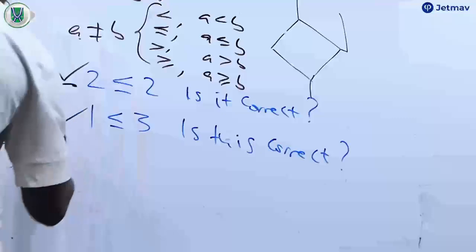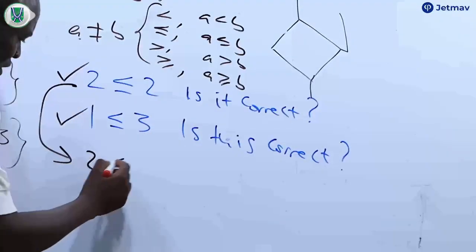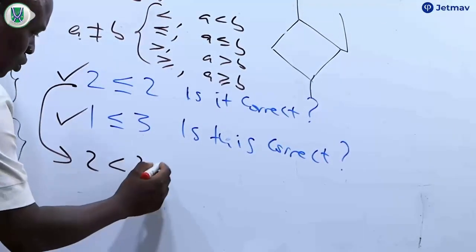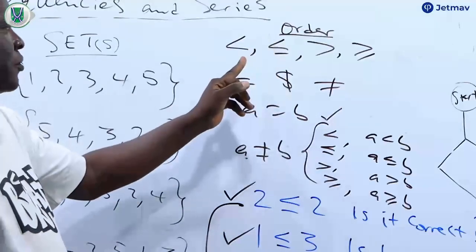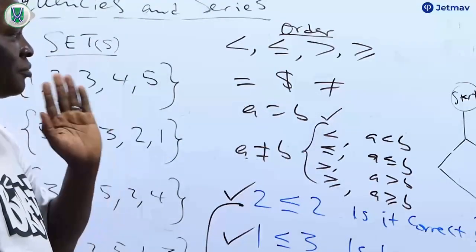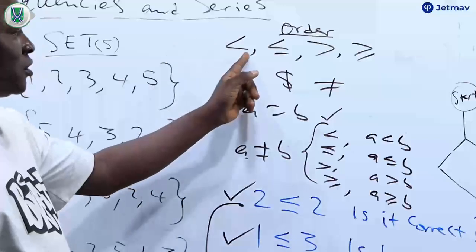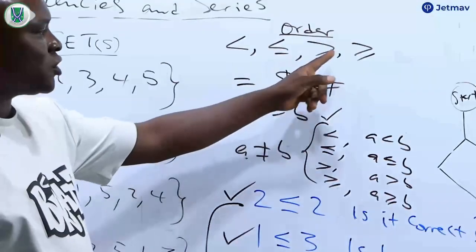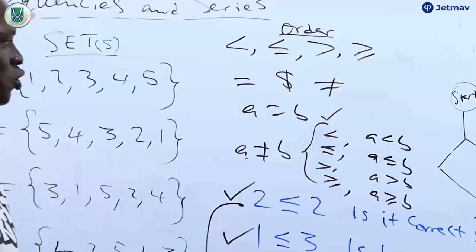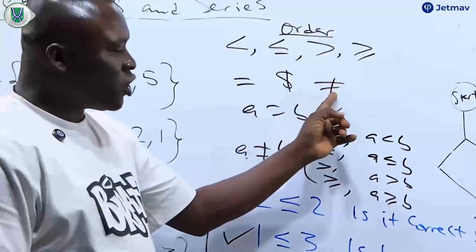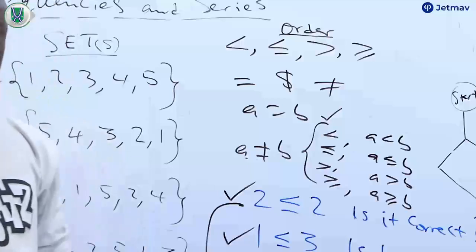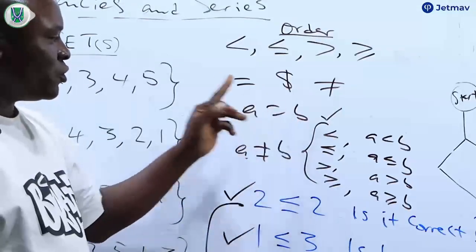That is to say, 2 is less than 2 or 2 is equal to 2. Whenever you hear the word order, your mindset should go to this, this, this, or this. So we have been working on equality. Now, not equal means inequality. A equal to B, we know.